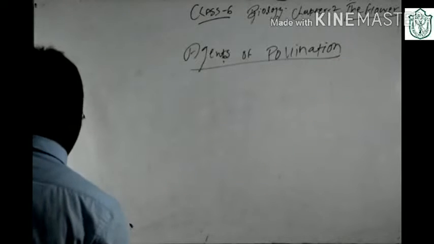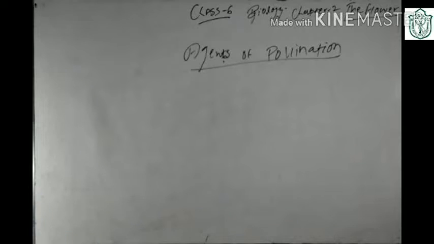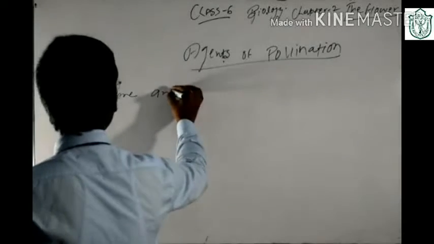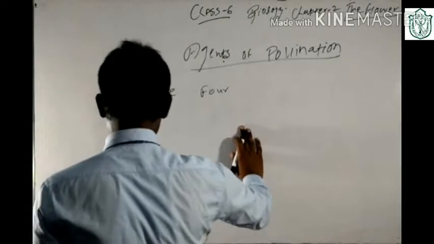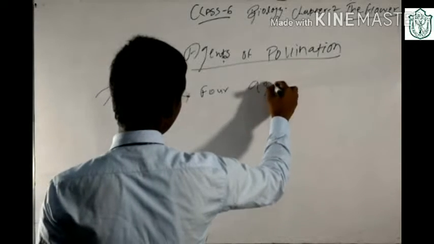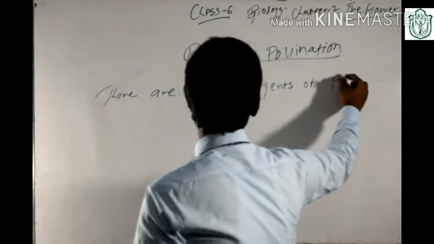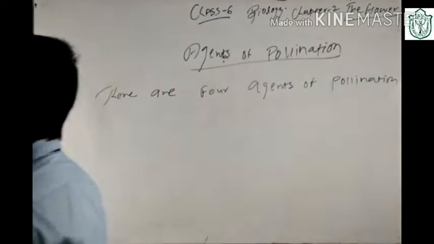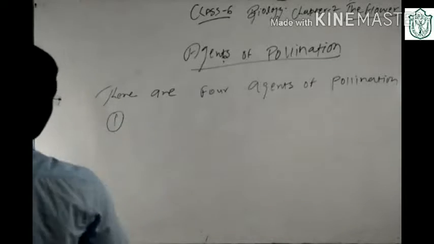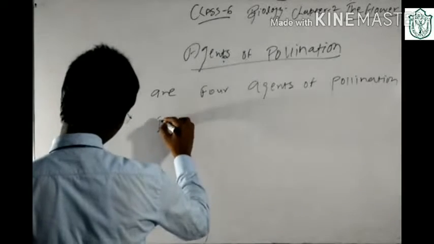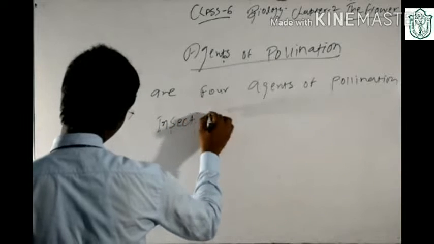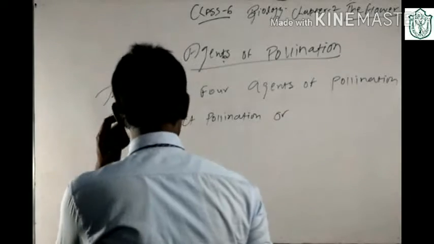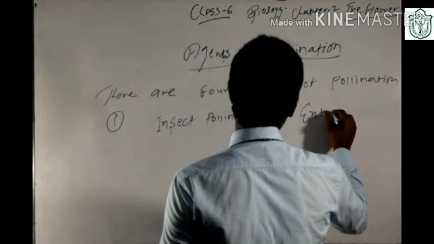There are four agents of pollination. The first is insect pollination, or entomophily.